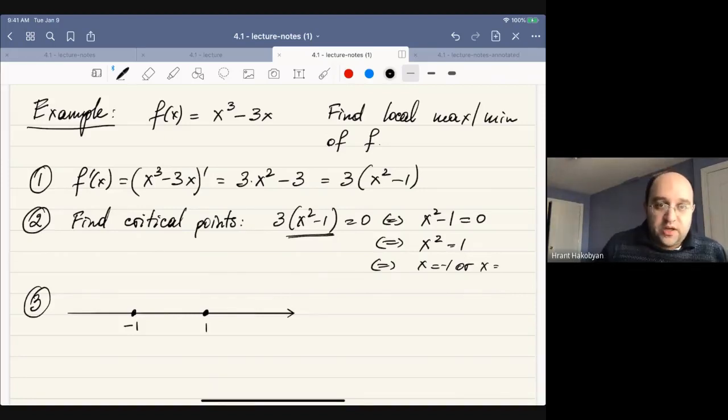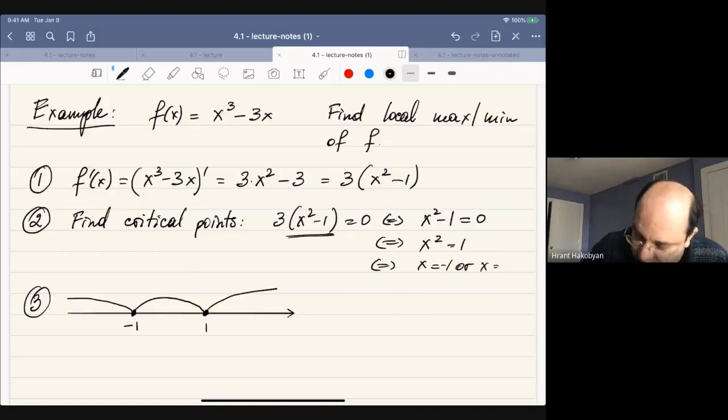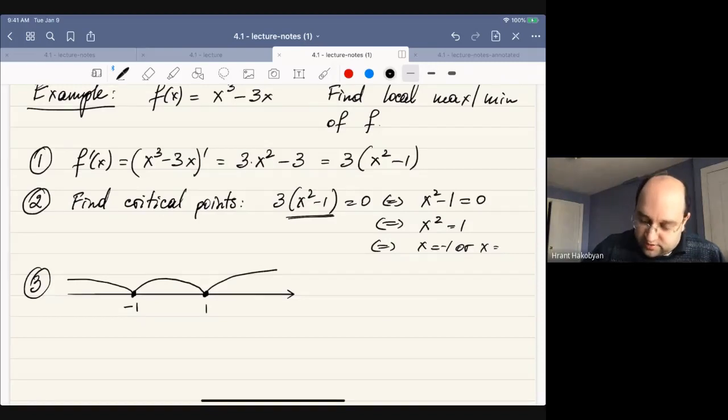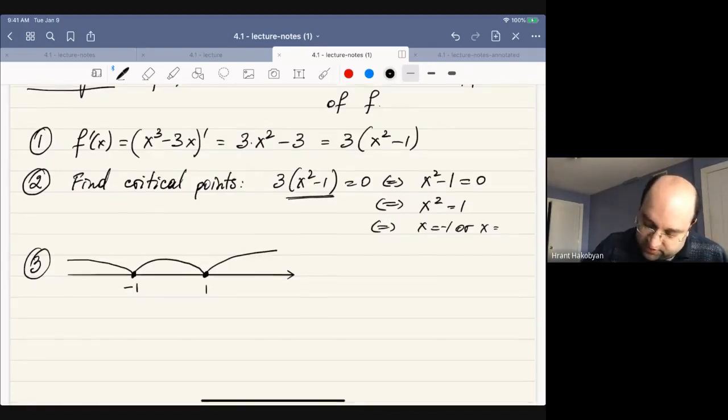And how many intervals do I have? I have 3 intervals. I have this, I have that, and I have this one here. Then I want to know again where the function is increasing or decreasing. Basically, I want to find out whether the derivative is positive or negative in each of these intervals. Okay, so that's step 4. We're going to pick 3 points.